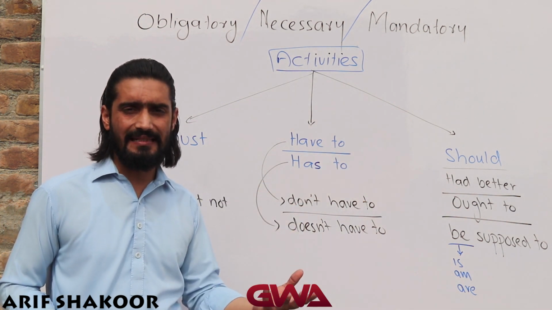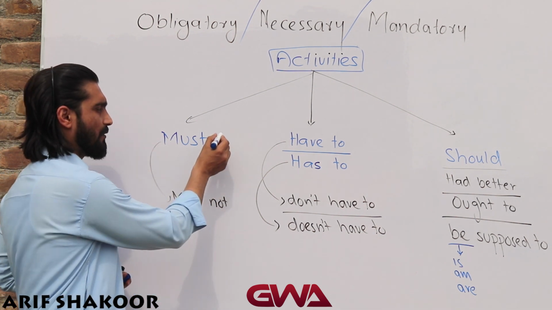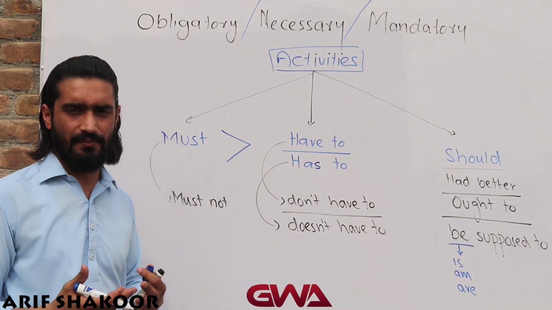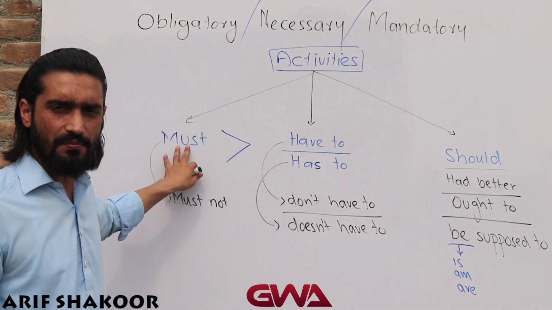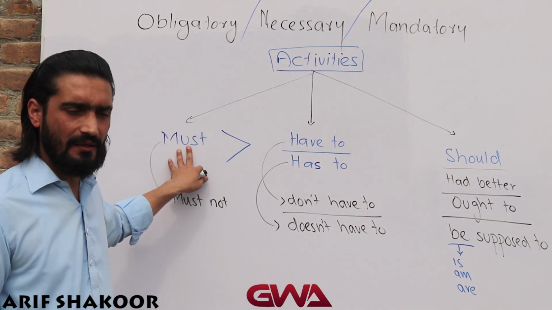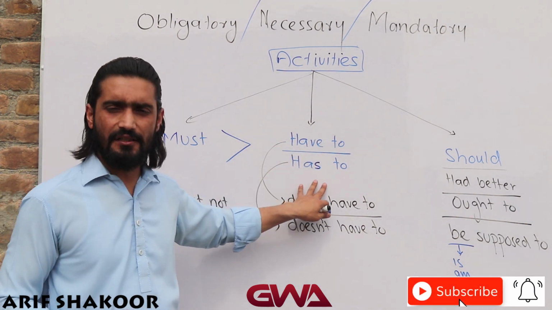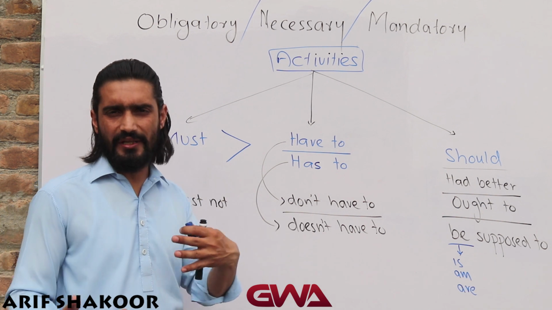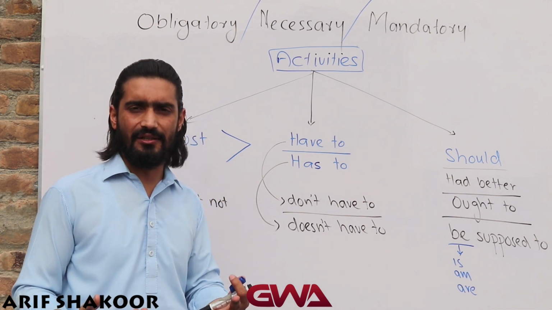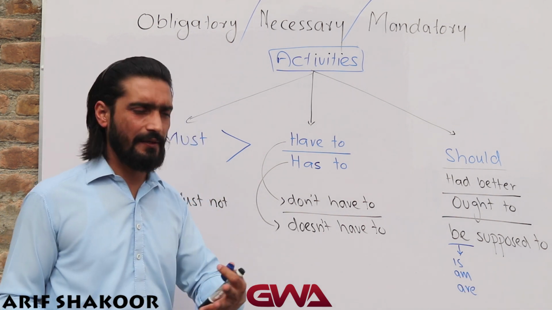Now, what I mean by intensity is that if you have no option, it's like a do or die situation, we have to use must. Okay. Now, have to or has to, they are a bit weaker than must. Weaker in sense of intensity or urgency. Okay.